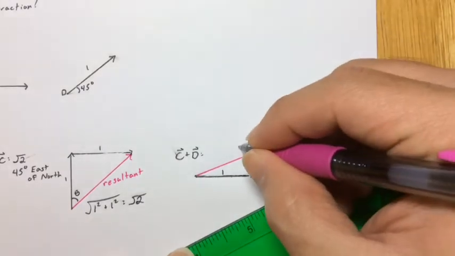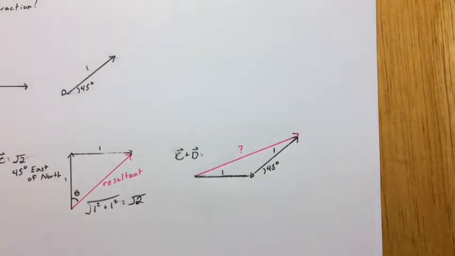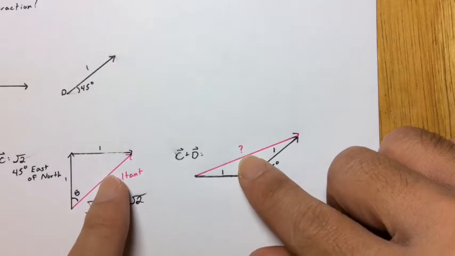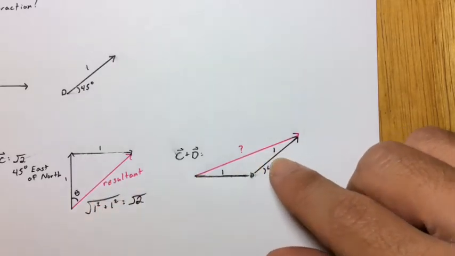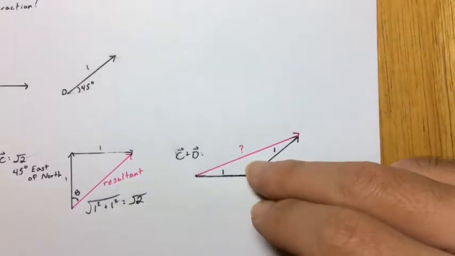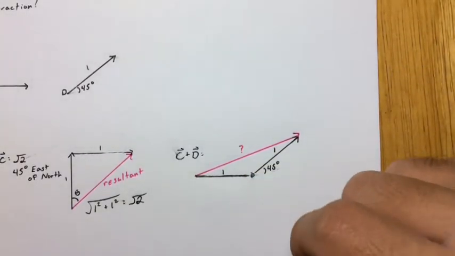And so our question is, hey, what is that? And you might say, oh, well, it's 1 and 1, and all we got to do is say 1 squared plus 1 squared, square root, is going to be the square root of 2, right? But obviously, no, that's not it. So the Pythagorean theorem doesn't really work here. It works with right triangles, but it doesn't work with this one unless we make it some sort of right triangle.